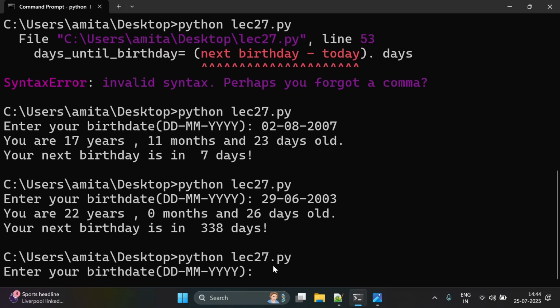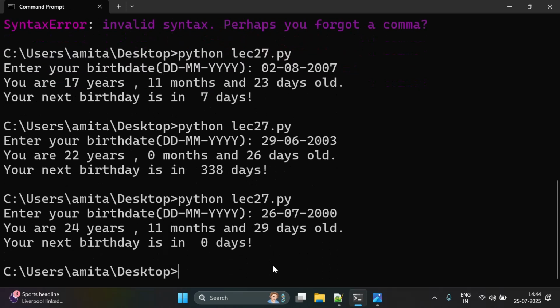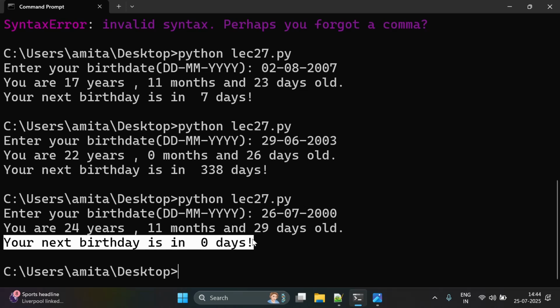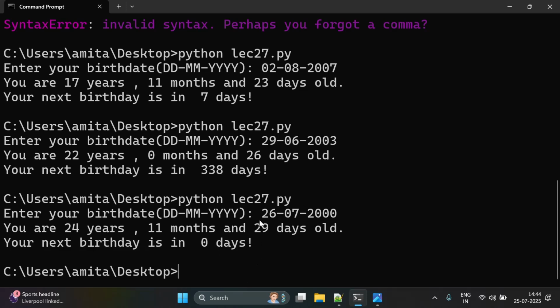Okay, and if I say 26 of July and any year, then it shows these many years, months and days old, and then your next birthday is in 0 days because it's tomorrow. So 0 days left.